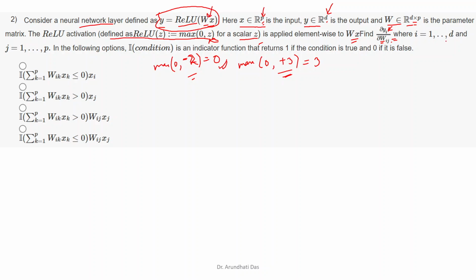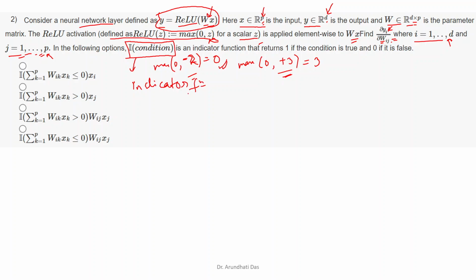Here i denotes the output dimension, from 1 up to d, and j is the input dimension index, from 1 up to how many input nodes there are, up to p. In the following, you can see one particular notation. This is nothing but an indicator function.